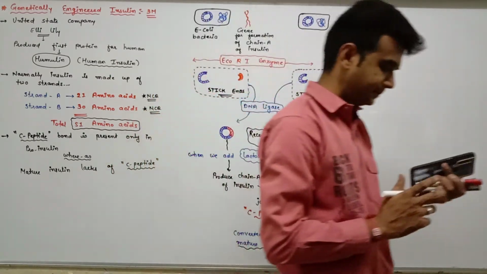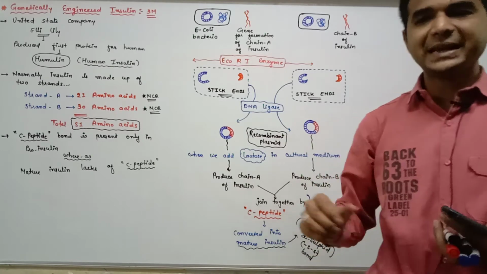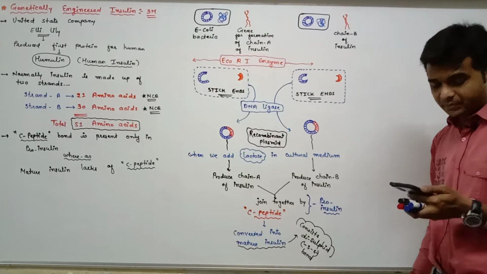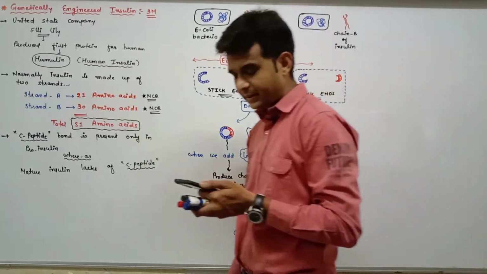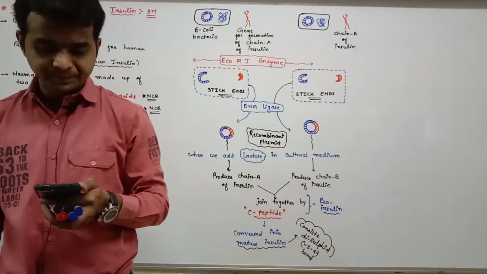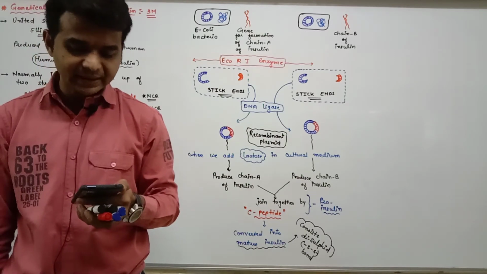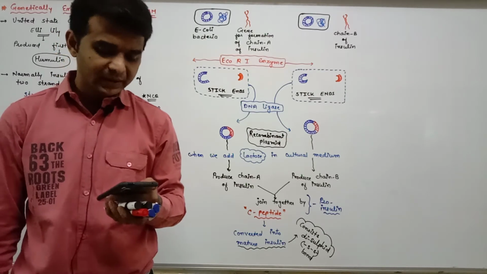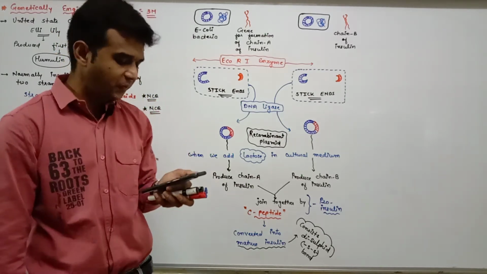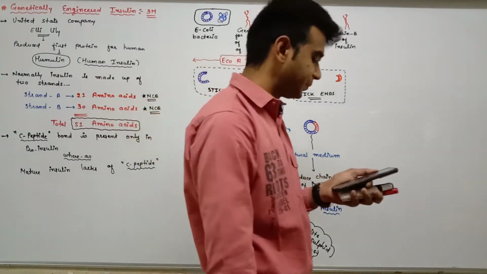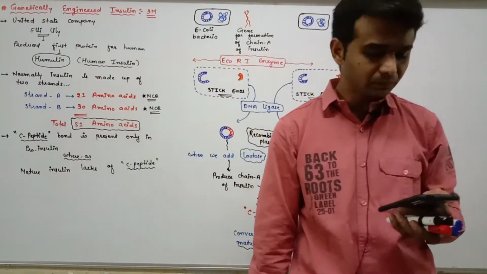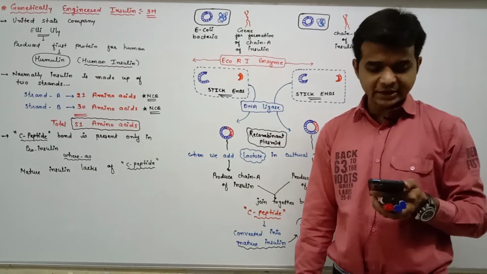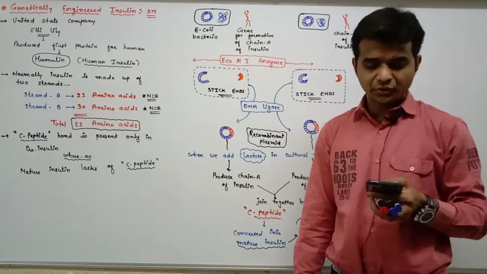So you know that disulfide bond is absent in proinsulin and C-peptide is absent in mature insulin. In mammals including humans, insulin is synthesized as a prohormone, like a proenzyme. The prohormone also needs to be processed before it becomes a fully mature and functional hormone, which contains an extra stretch known as C-peptide.